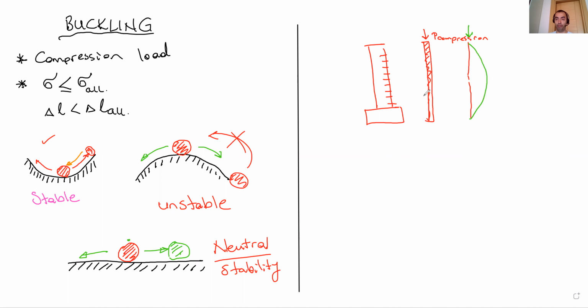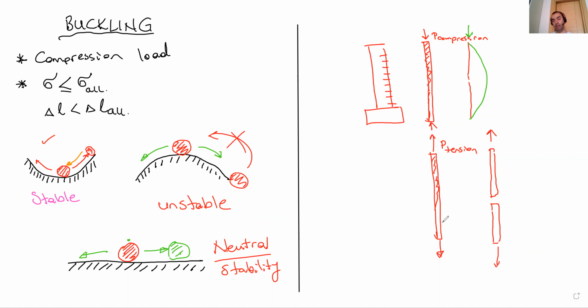If we apply tension in the second case, we have a tension load. By the way, this is compression, this is tension. Let's say it fails under tension. It breaks from the mid portion under tension load.